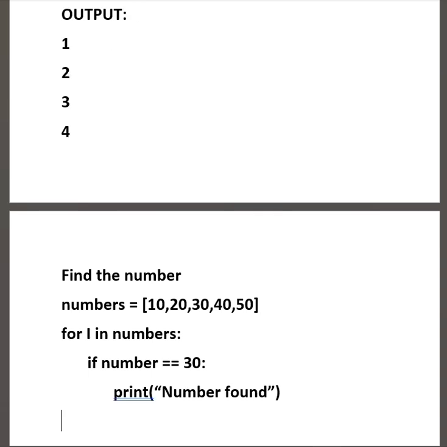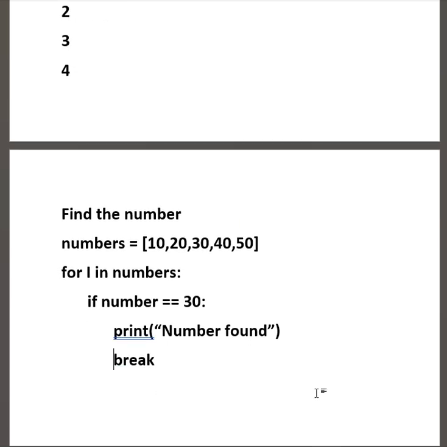Next, immediately we need to break it. Okay, I think it will start executing. If number is equal to 10, 10 is not equal to 30, so the print statement will not be executed, so break.